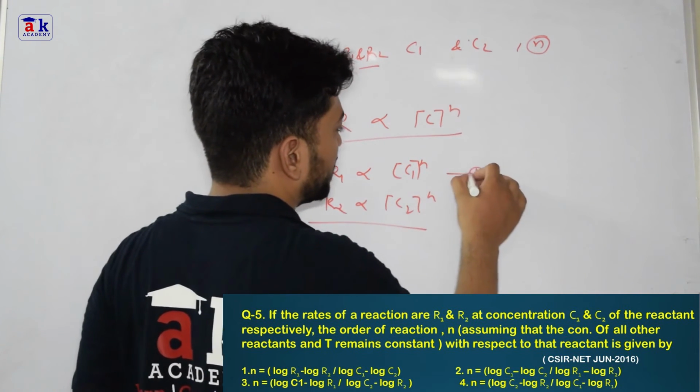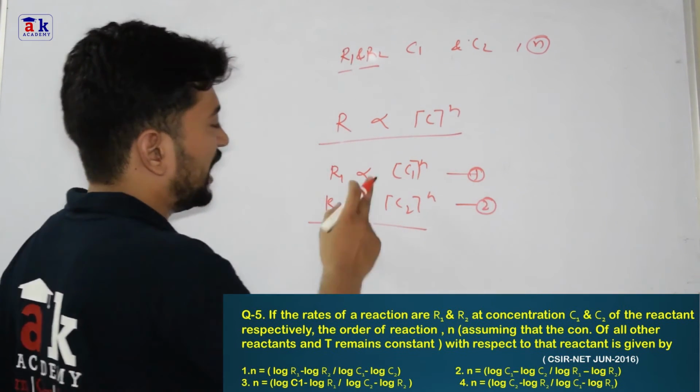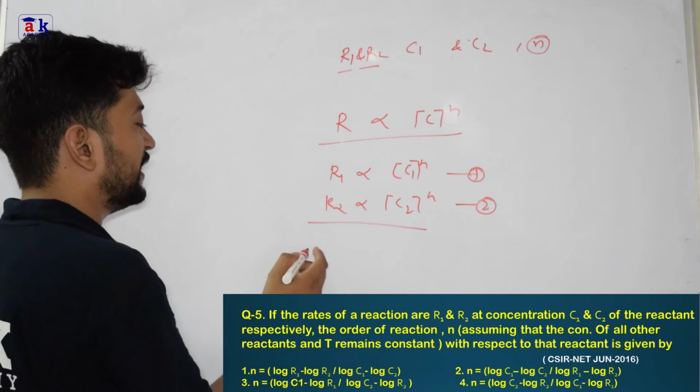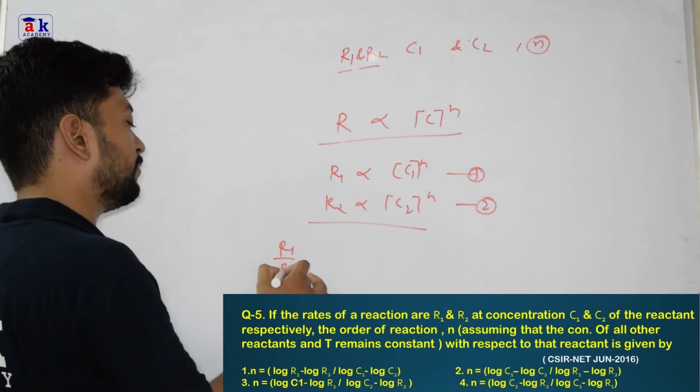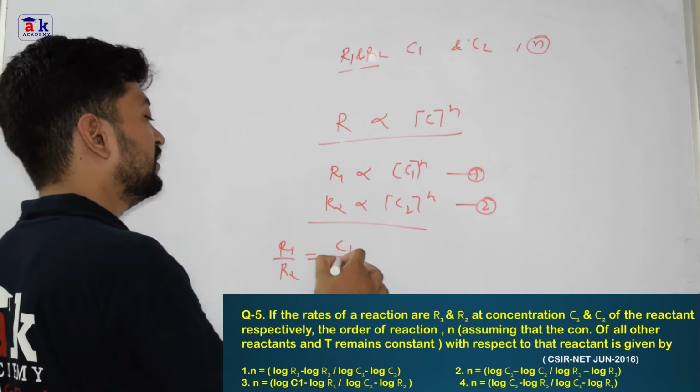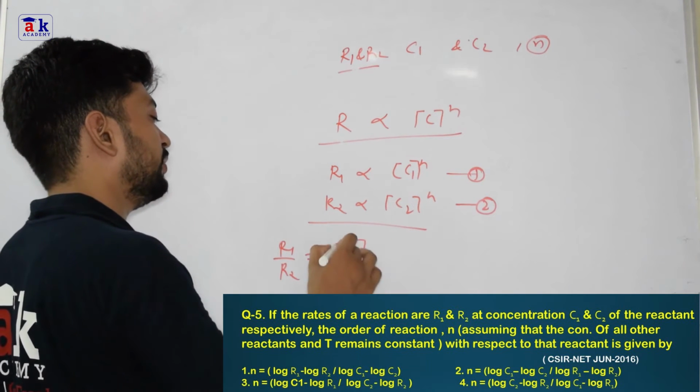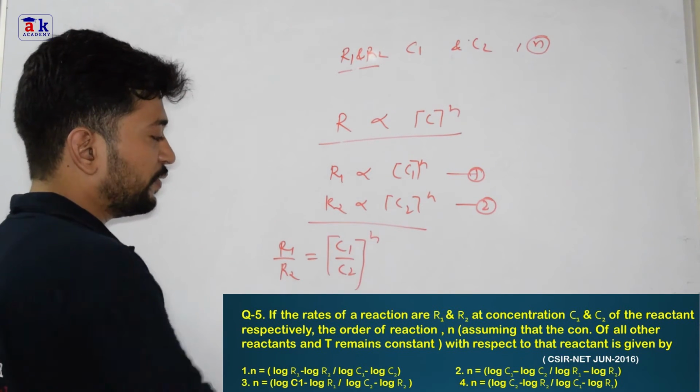This is equation 1 and this is equation 2. After dividing equation 1 by equation 2, this will become R1 by R2 is equal to C1 by C2 raised to n.